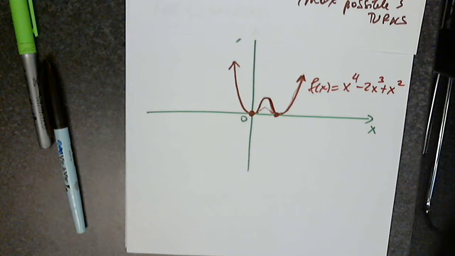And it's coming from positive infinity. It has to turn at 0. This is impossible, and it has to turn at 1. So I have to change the viewing window, and I'm going to say between -2 and 3, and between -1 and 6. So I can see what's happening there.